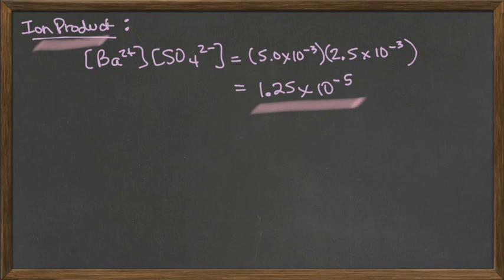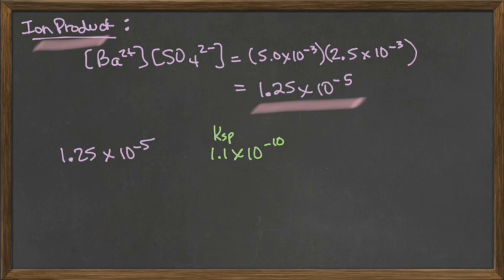Now we're going to compare the ion product to the KSP value. And again, the KSP value was, we looked that up earlier, 1.1 times 10 to the negative 10. And in this case, the ion product is greater than the KSP value.